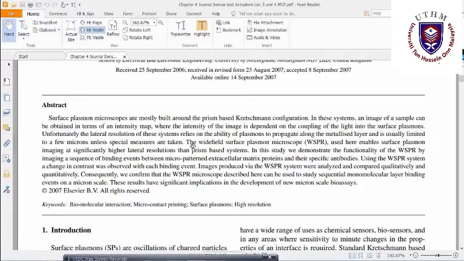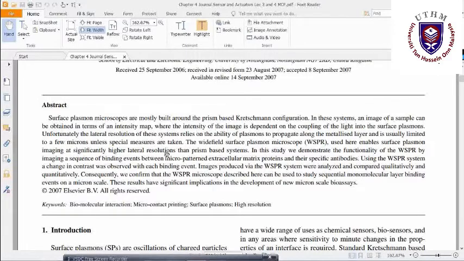In surface plasmon, we use P polarized light, and the resolution is limited to a few microns only when you use the standard one. But after certain research and improvement, we came up with the wide field surface plasmon microscope, which enables imaging at higher lateral resolution.